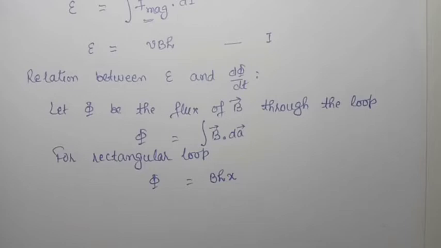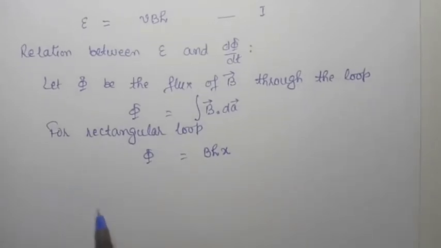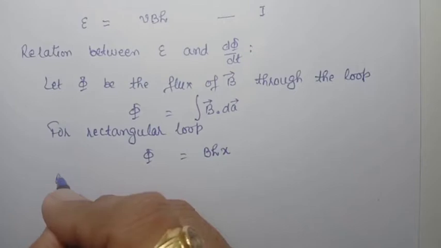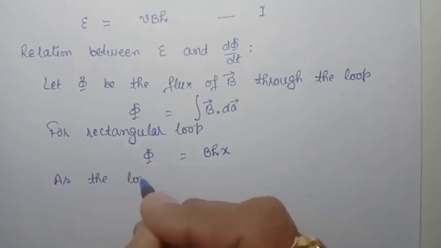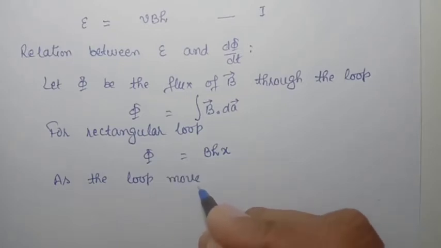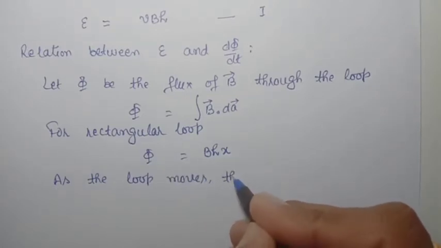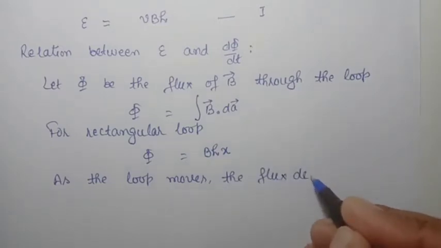As we move the loop, the flux decreases.